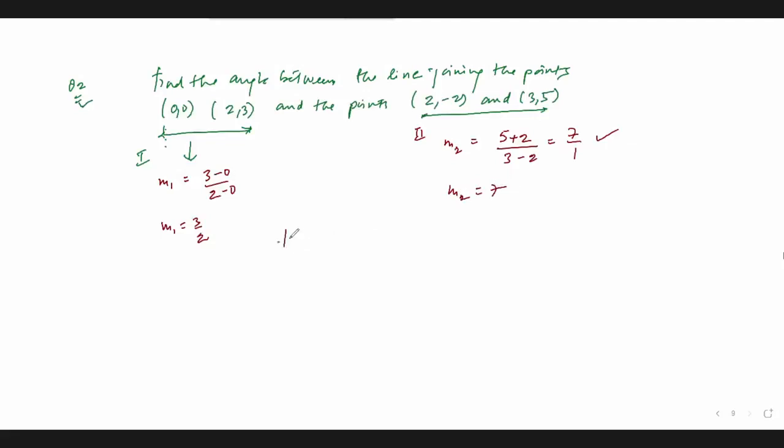So I can apply a formula here that tan theta is equal to plus minus (m2 minus m1) divided by (1 plus m1 m2). So if I put the values: plus minus (7 minus 3 by 2) divided by (1 plus 7 into 3 by 2). So let us calculate it.